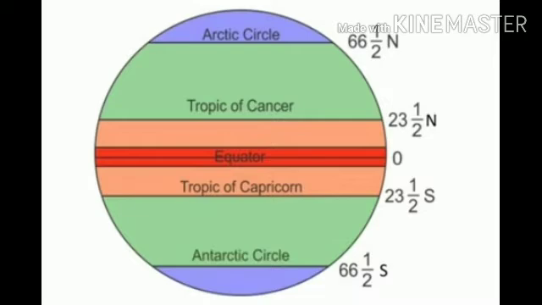It is 23.5 degrees north in the northern hemisphere. Second one is the Tropic of Capricorn, 23.5 degrees south in the southern hemisphere. Third, the Arctic Circle at 66.5 degrees north of the equator. Fourth one, the Antarctic Circle at 66.5 degrees south of the equator.